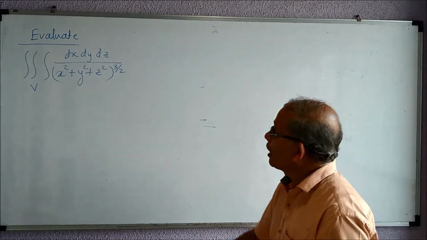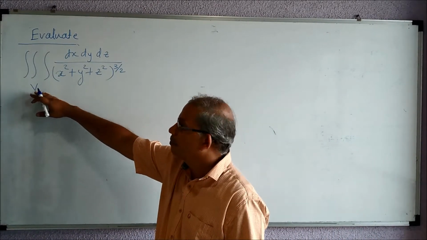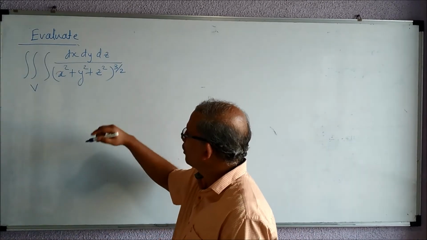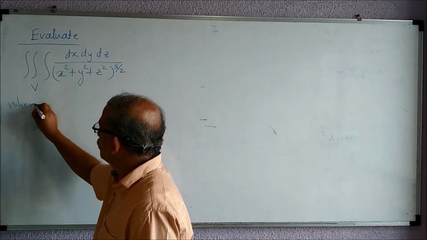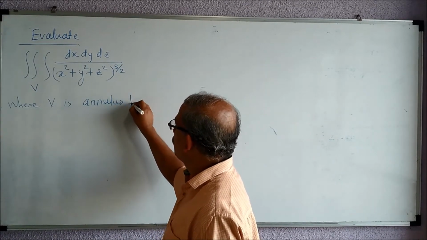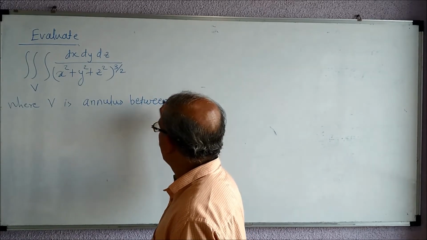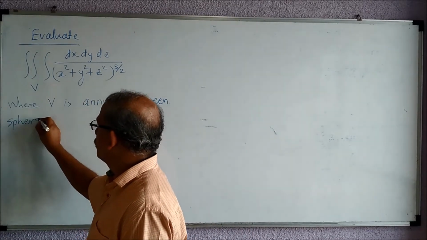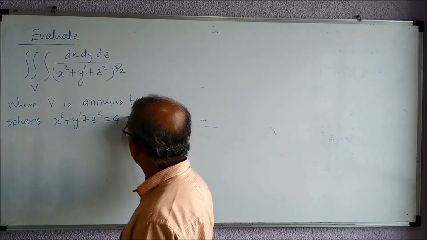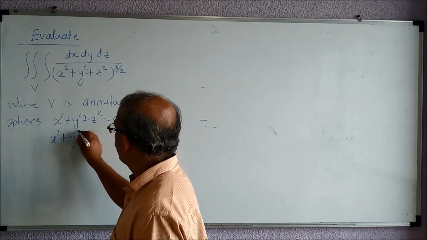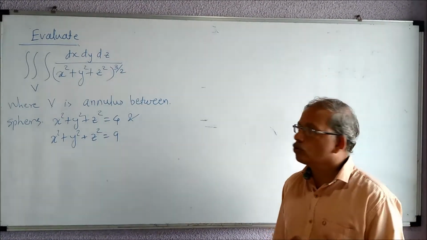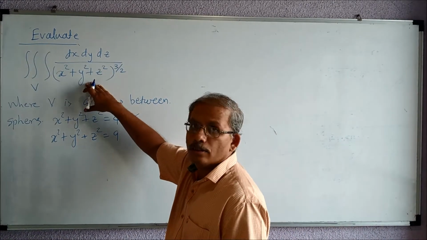Here they have asked us to evaluate a triple integration over V of dx dy dz divided by (x square plus y square plus z square) raised to 3 by 2, where V is the annulus between the spheres x square plus y square plus z square equal to 4 and x square plus y square plus z square equal to 9.